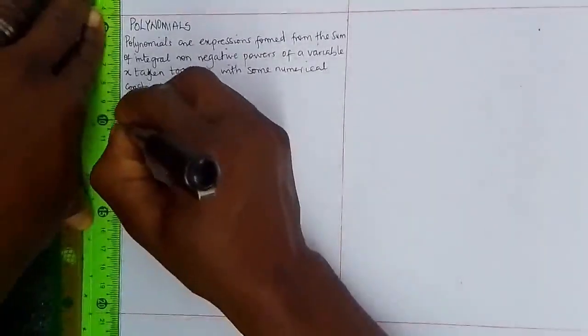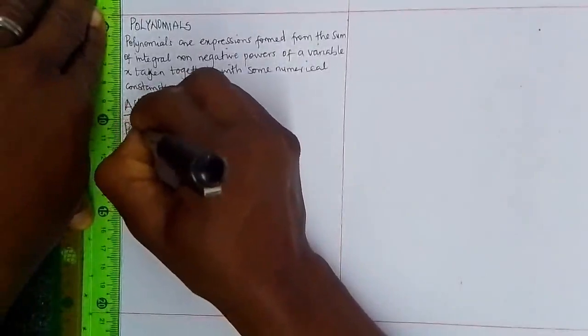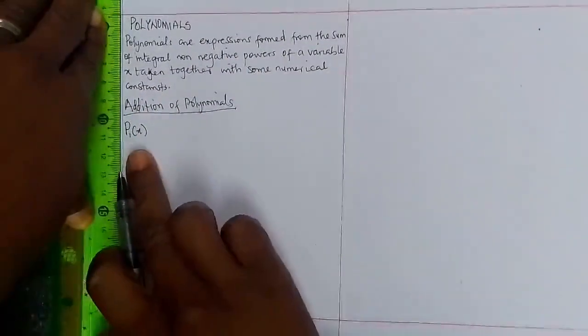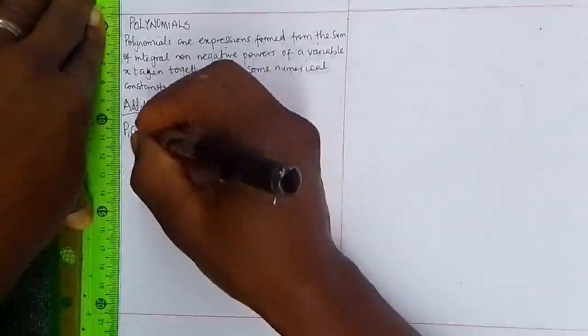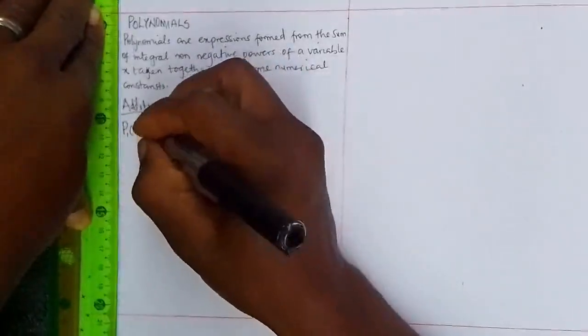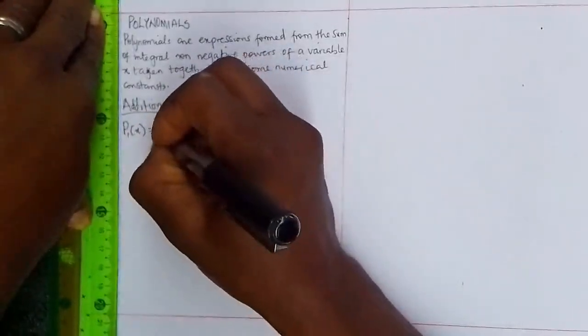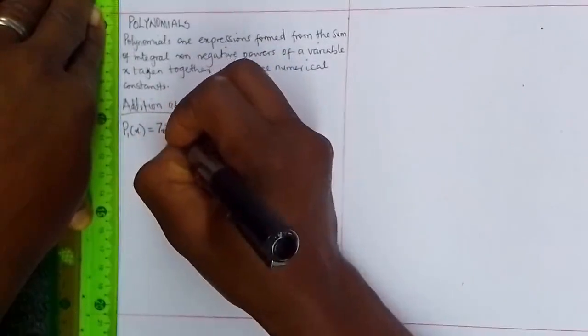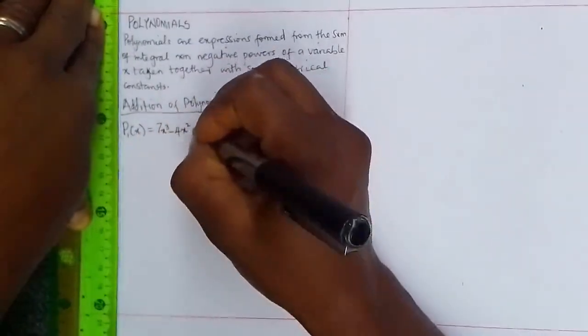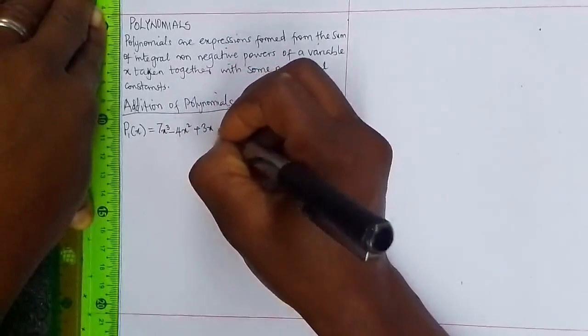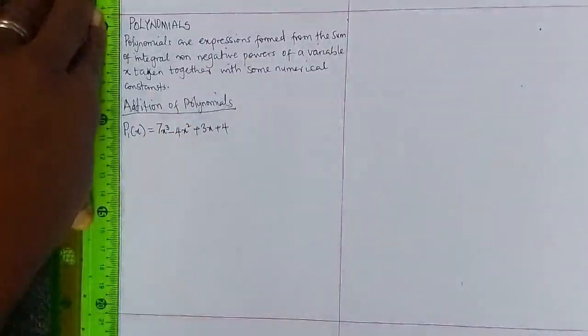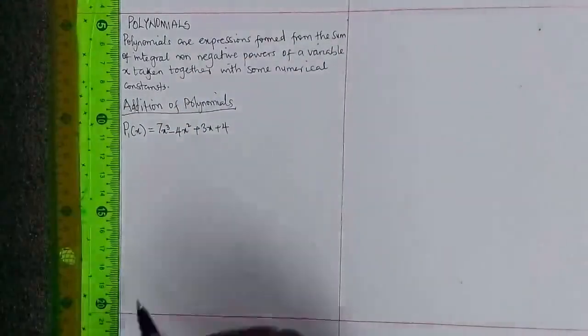Polynomial is given as this: p1 of x, that is the variable there is x. Polynomial 1 is equal to 7x raised to the power of 3 minus 4x raised to the power of 2 plus 3x plus 4. That's for p1.